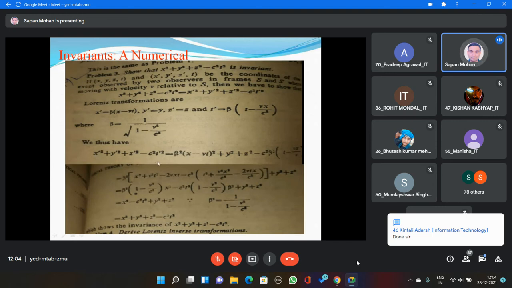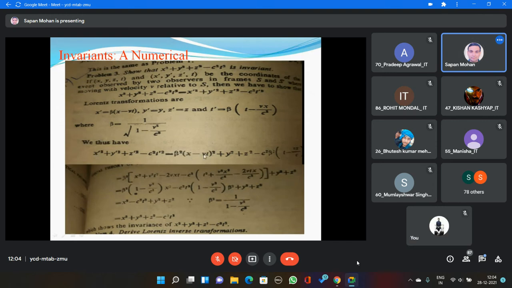So x dash is equal to x minus vt over root 1 minus v square, that is beta or gamma, whatever you want to take. Y dash is equal to y, remains the same. Z dash is equal to z, remains the same. And t dash is equal to t minus xv over c square, into beta.